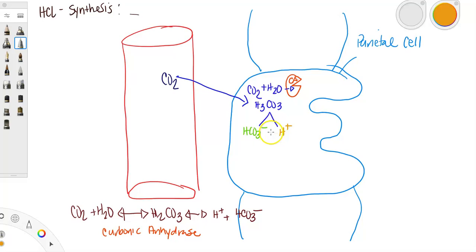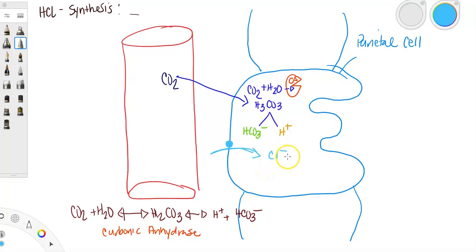So hydrogen, or hydrochloric acid, is just hydrogen plus chloride, right? So we need to get some chloride. So chloride we get from the interstitial fluid. So chloride comes in, and we've got like a little sort of carrier that brings chloride in.